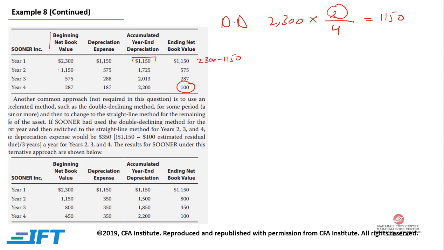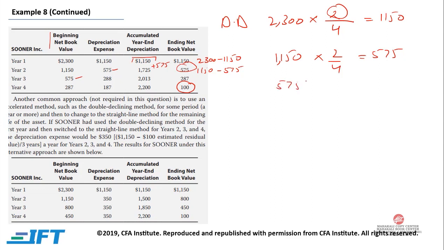Anyhow, we start with the beginning value of 1150. So 1150, again we need to multiply this by 2 by 4, and we get 575. This is our depreciation for the second year. We add 575 to 1150, we get accumulated depreciation, and the ending book value would be 1150 minus 575, we get 575.